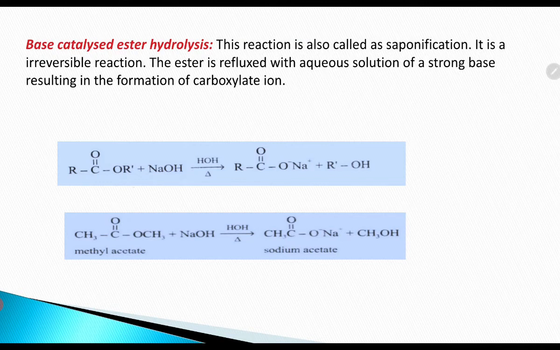The general formula is RCOOR' plus NaOH gives rise to RCOONa plus R'OH. Example: methyl acetate, CH3COOCH3, on refluxing with sodium hydroxide undergoes hydrolysis and gives rise to sodium acetate, CH3COONa, and methyl alcohol is obtained.